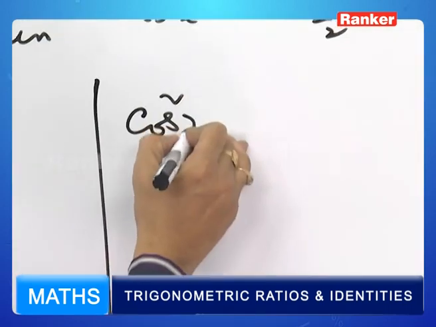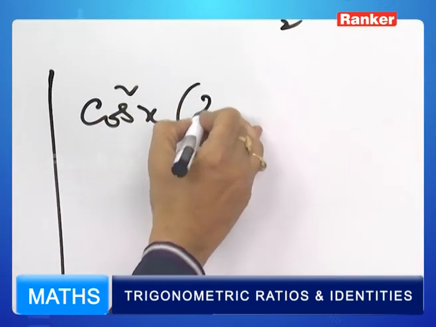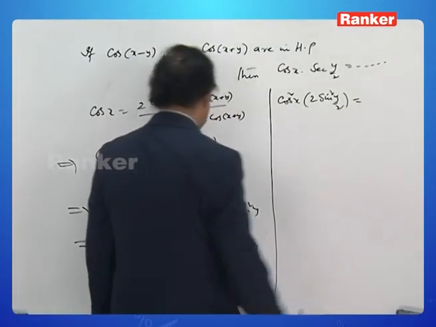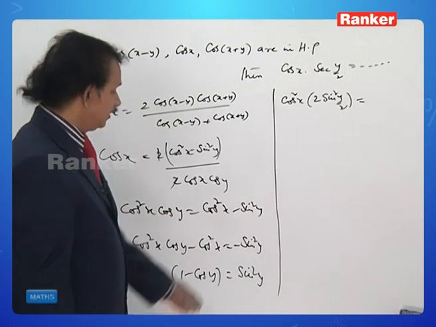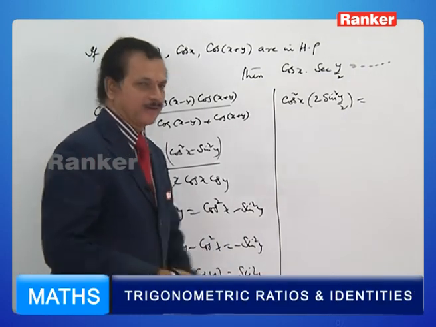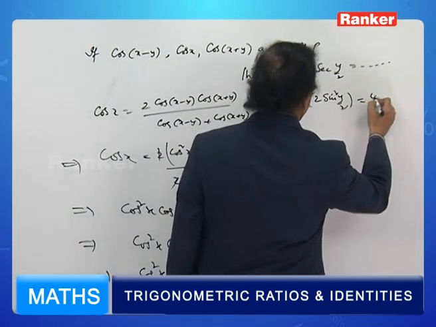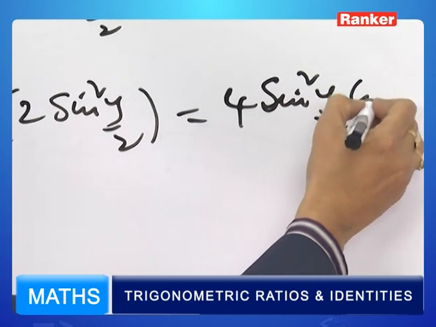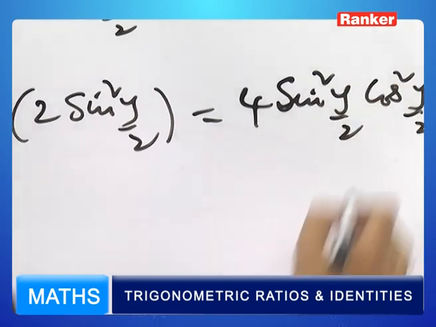Therefore, cos square x into 2 sin square y by 2, since 1 minus cos y is 2 sin square y by 2. Again, what is sin y? 2 sin y by 2 cos y by 2. You square it: 4 sin square y by 2 cos square y by 2.